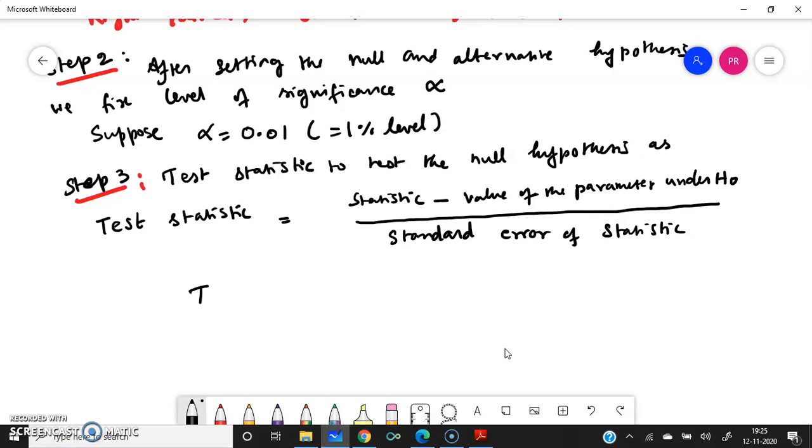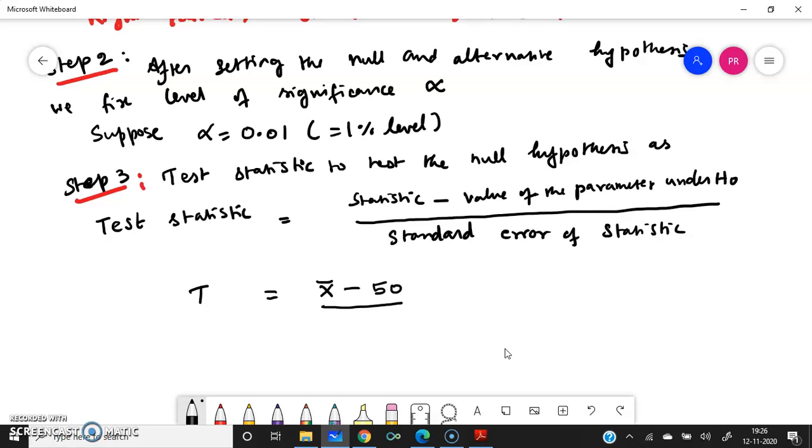So T is based on the difference between our sample mean and the population mean. If the difference is very small, we are very close to reality. If the difference is too large, we are away from reality. That is what the minus represents, the difference between the sample and the population.